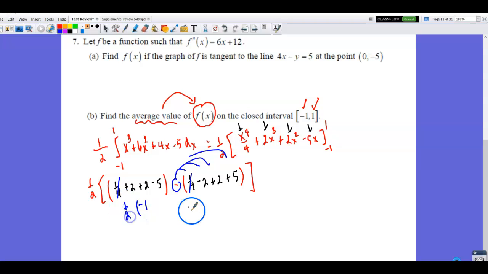I still have a half on the outside. Minus -2, -2 plus 2 makes 0, and so that's going to be a -5. 1/2 of, -1 minus 5 is -6, and half of -6 is -3.